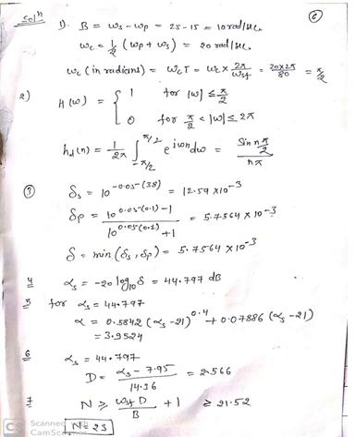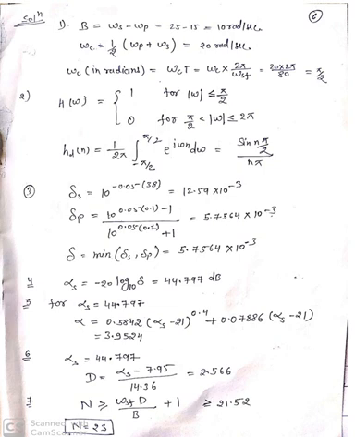So first we calculate bandwidth B equals Ws minus Wp, which equals 25 minus 15 equals 10 radians per second, and the cutoff frequency Wc equals 1 upon 2 (Wp plus Ws), which equals 20 radians per second, and Wc in radians, so Wc times 2 pi divided by Wsf, which equals 20 times 2 pi divided by 80, which equals pi by 2 radians. Now the frequency response H(omega) equals 1 for |omega| up to pi by 2, and for pi by 2 to pi it is 0.